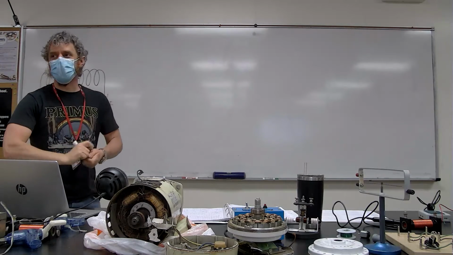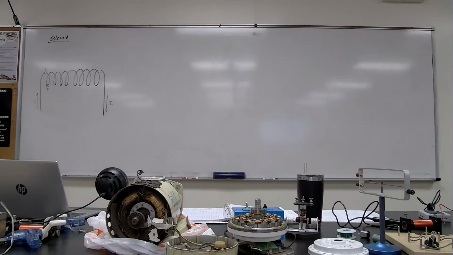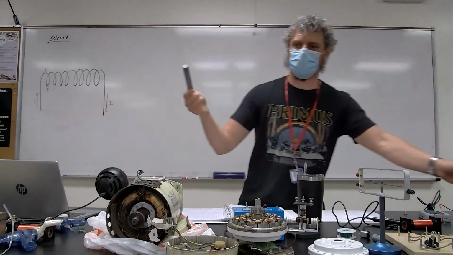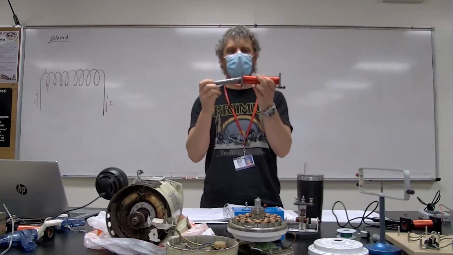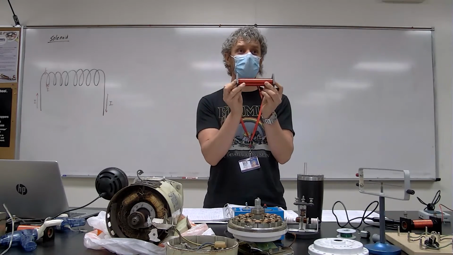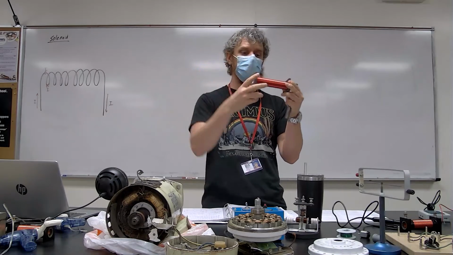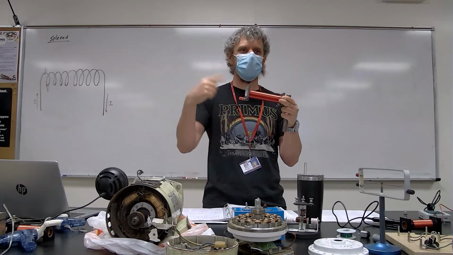Now, when you have solenoids that are actually useful for stuff, very often they'll have iron cores put in them. So something like this will be in there. And remember that video that we watched: when you take a coil of wire and run some electricity through it, it generates a magnetic field.